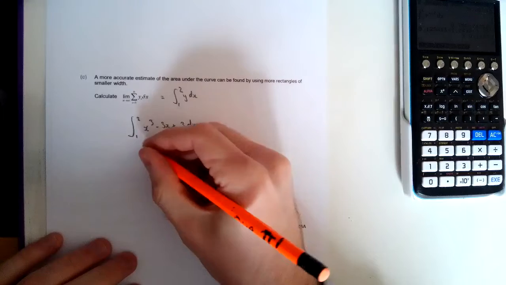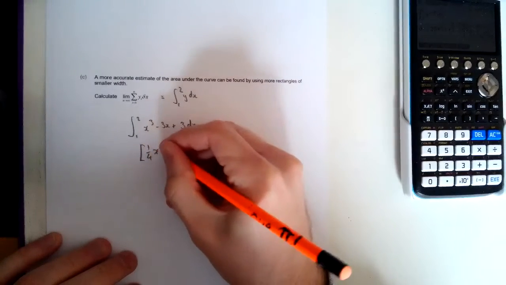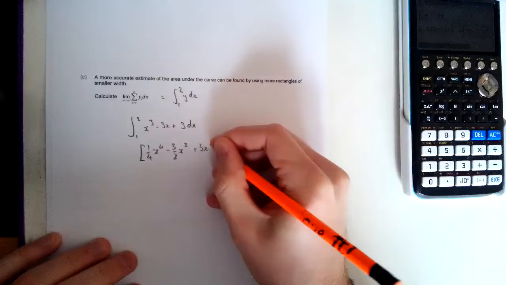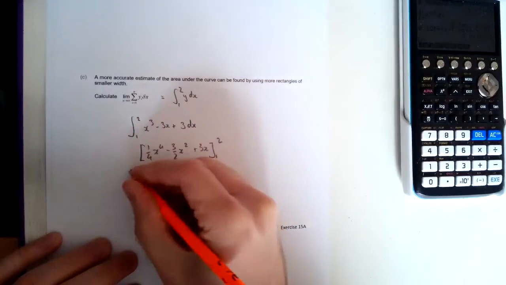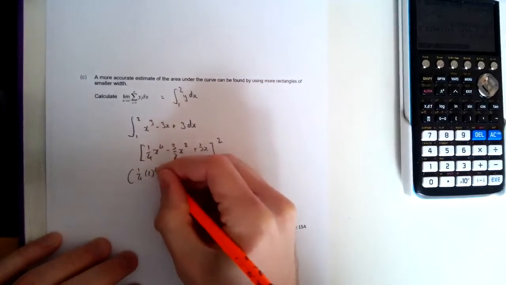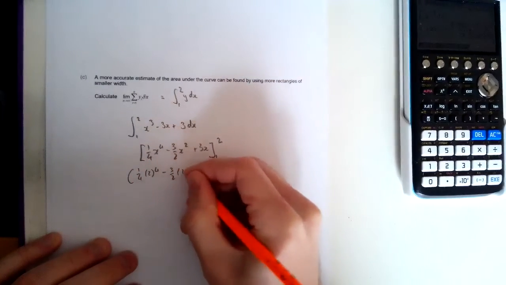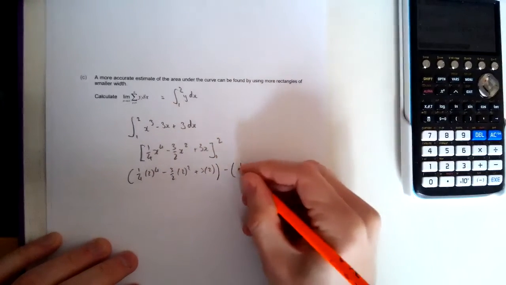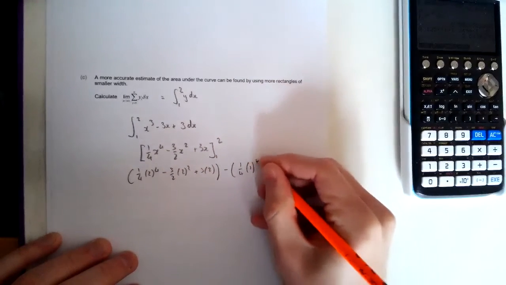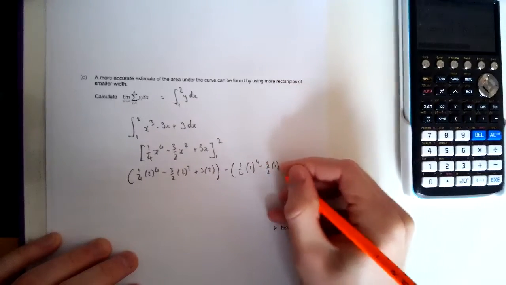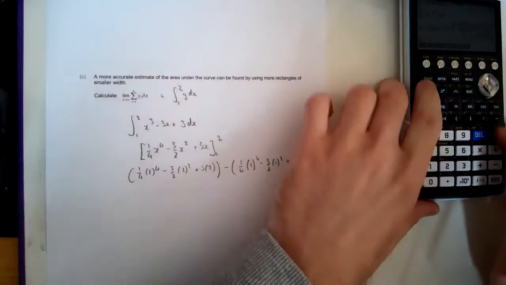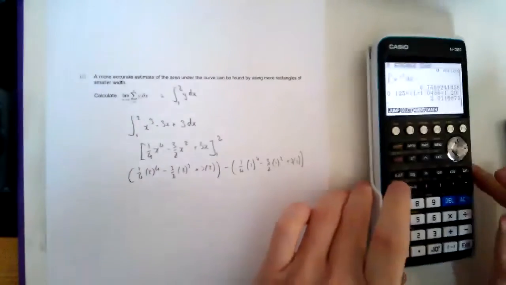Then we get 1 over 4 x to the 4, take away 3 over 2 x squared plus 3x between 1 and 2. I'm going to do them separately, so sub in 2 first, and then sub in 1.